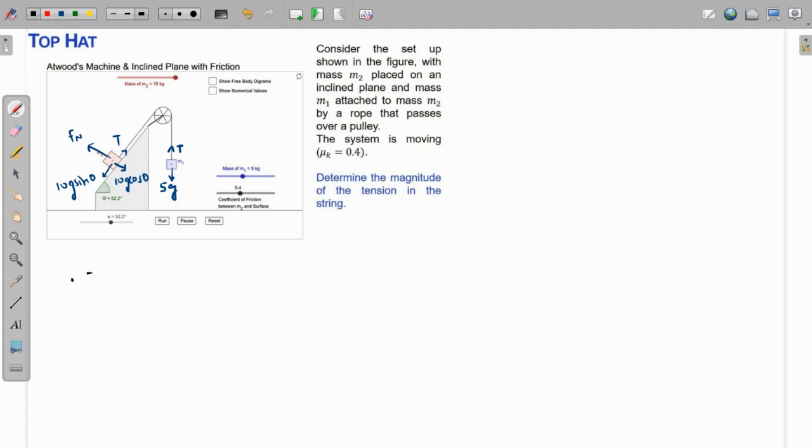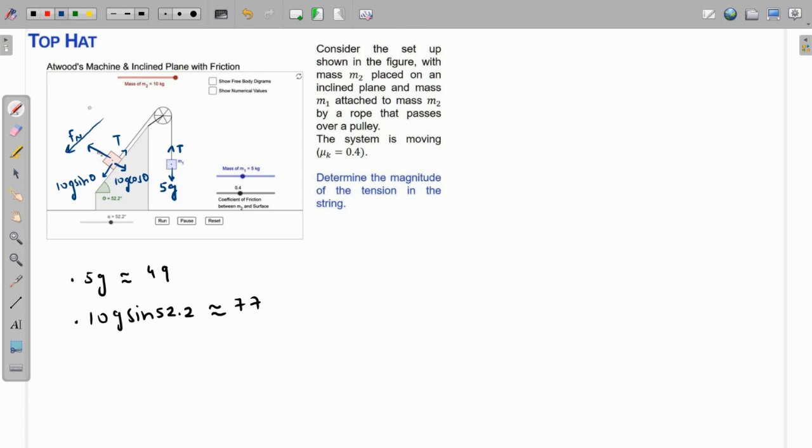The value of 5g is 5 times 9.8, which is 49, and the value of 10g sine of 52.2 is 10 times 9.8 times sine of 52.2, which is around 77. Clearly this one has a greater pulling force, so the system will tend to move over this side.